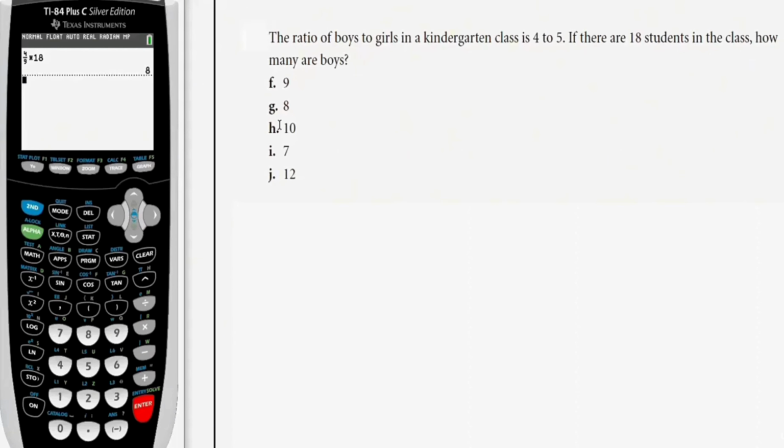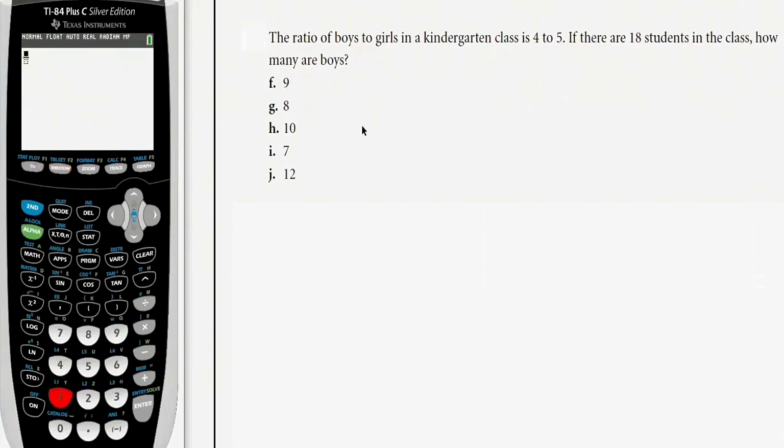Since we have 8 boys in the class, and even if we ask how many girls are in the class as well, all you have to do is subtract 8 from 18 and you get the output, which will give you 10. Or you can just do, let's remove this. Okay, alpha window, fraction, and 1.